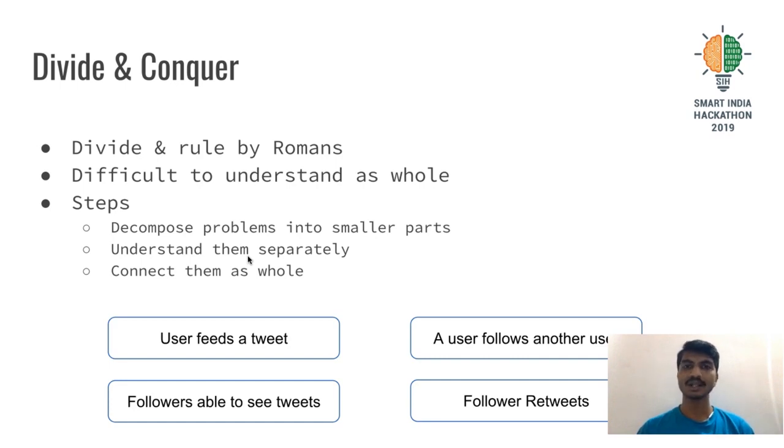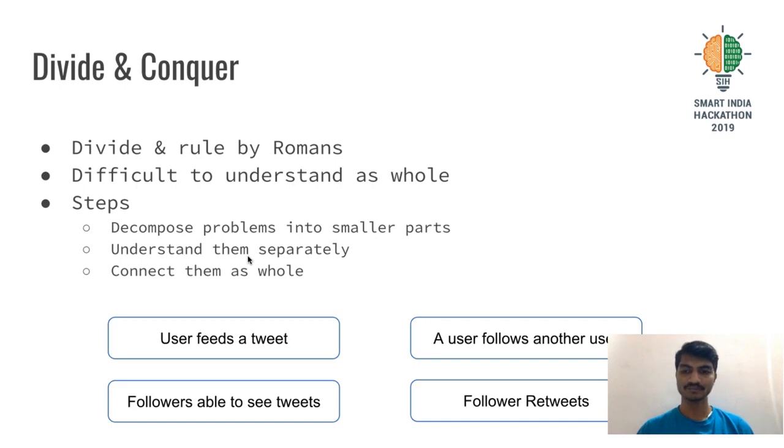They'll come and create a user account, and then they'll put their thoughts as tweets, and whoever is following that user will be able to see those tweets and react to them, and then they can retweet those tweets so that their followers can see them. So this is a whole system, a simple whole system. Understanding and analyzing it as a whole is going to be cumbersome.